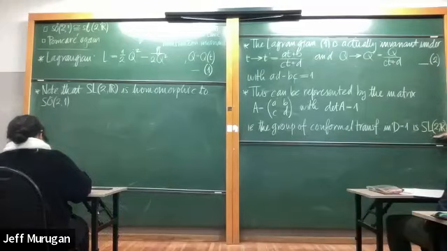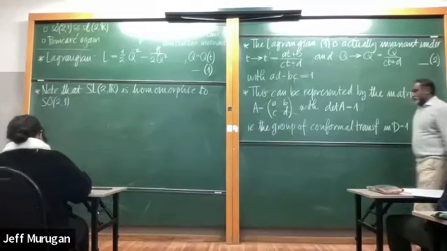Lie groups are special in the sense that every Lie group can be put into one-to-one correspondence with a differentiable manifold, a space on which there's some differential calculus concept. And you can put into one-to-one correspondence the group with that continuous space. Right.